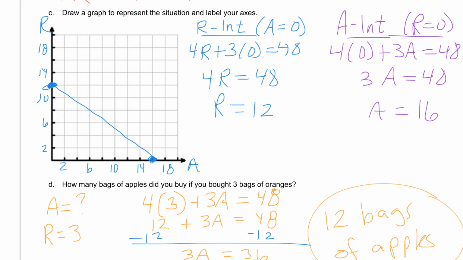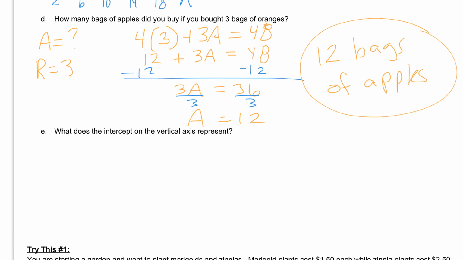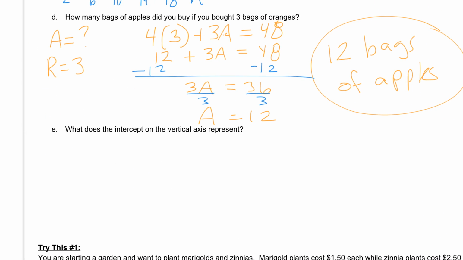Well, first let's think about what ordered pair we have. This is the ordered pair 0, 12. So let's write that down. We have the ordered pair 0, 12. And we want to know what that represents. Well, remember, as we're looking at this, this is A and this was R in our ordered pair, according to the graph that we had.